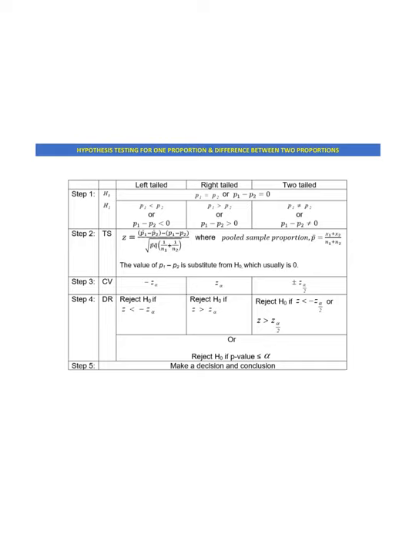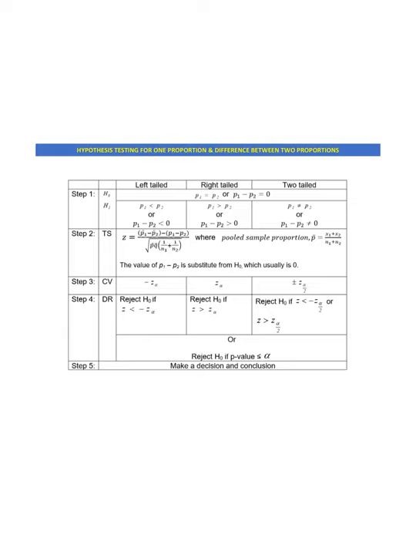The alternative hypothesis for the left tail is P1 less than P2, or P1 minus P2 less than 0. For the right tail, P1 greater than P2, or P1 minus P2 greater than 0. For the two tail, P1 does not equal P2, or P1 minus P2 does not equal 0. The second step is our test statistic.